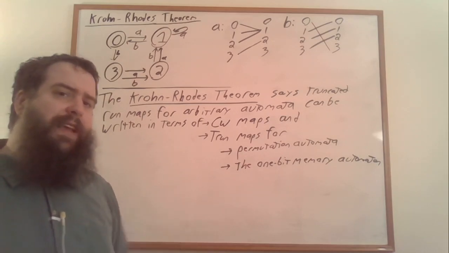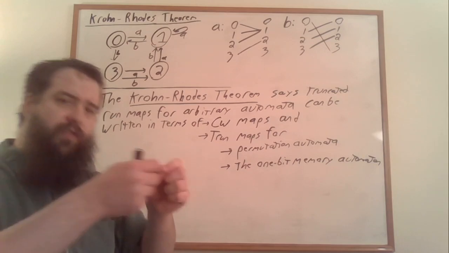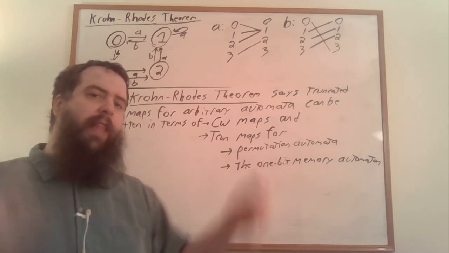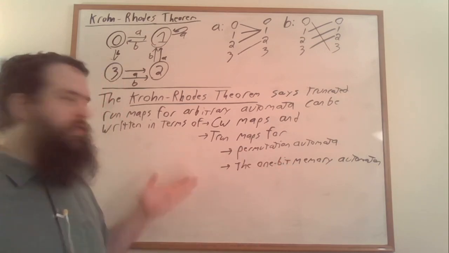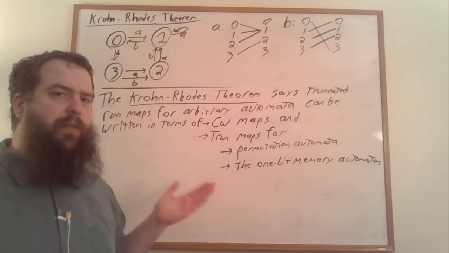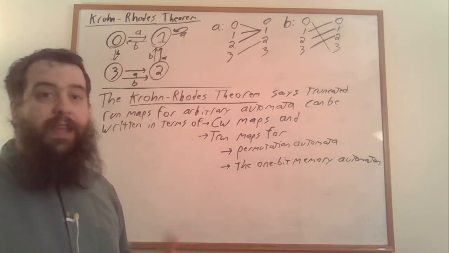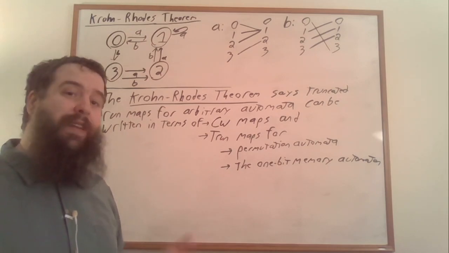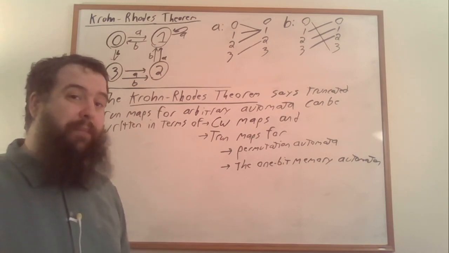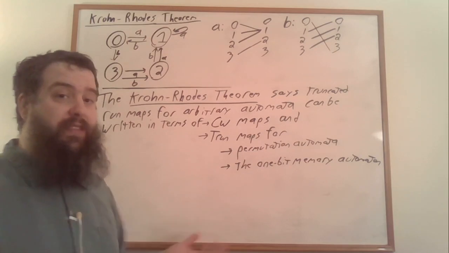And again, when I say composed together, I don't mean just composed together in a straight line. These are functions that can possibly take in multiple inputs if they correspond to automata that take in multiple inputs. And we're going to have to take advantage of that behavior in doing this proof.